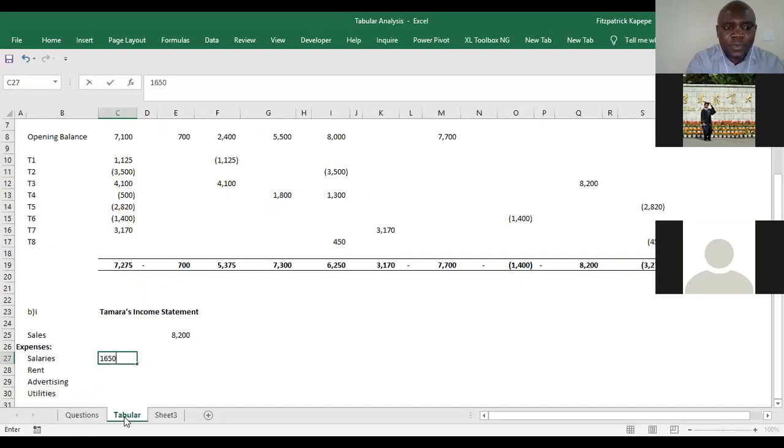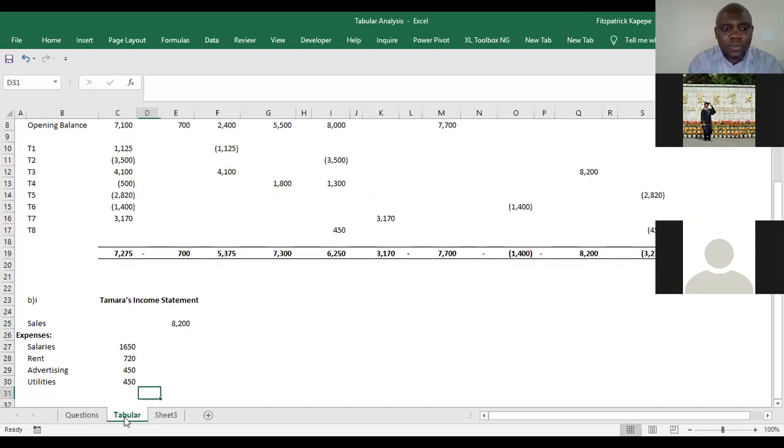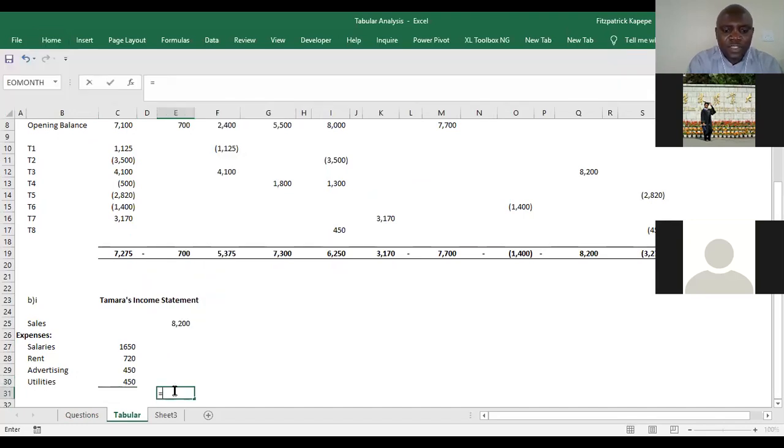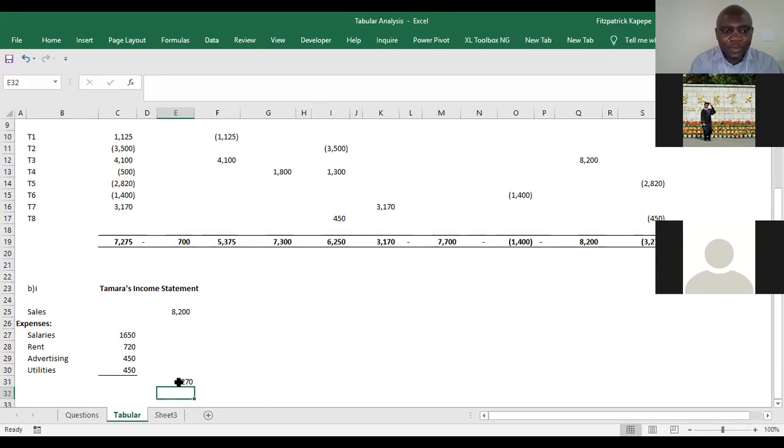Rent? 720. Advertising? 450. Utilities? 450 again. Yes. So do this. It should give us the same number that we have in the tabular thing. So say equals sum. Because we want to get these 5 marks, we don't want to get it wrong.